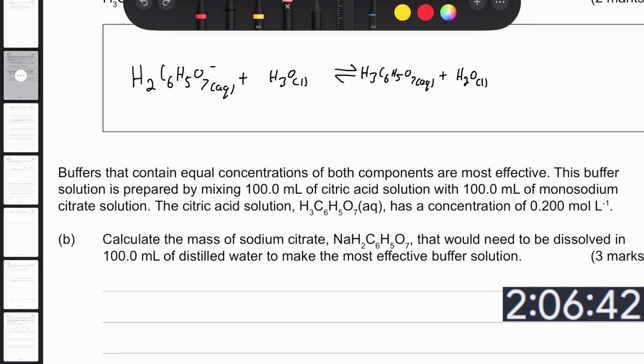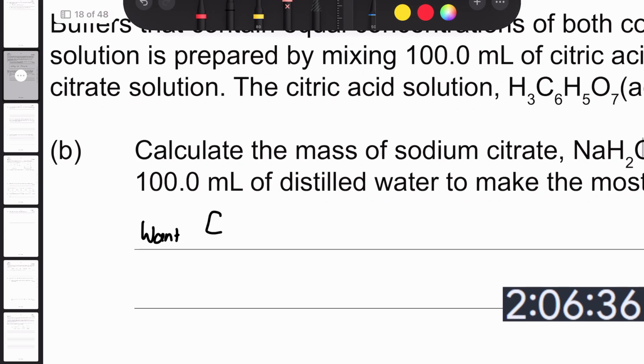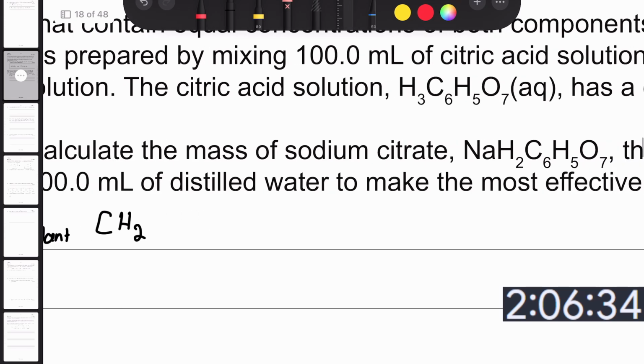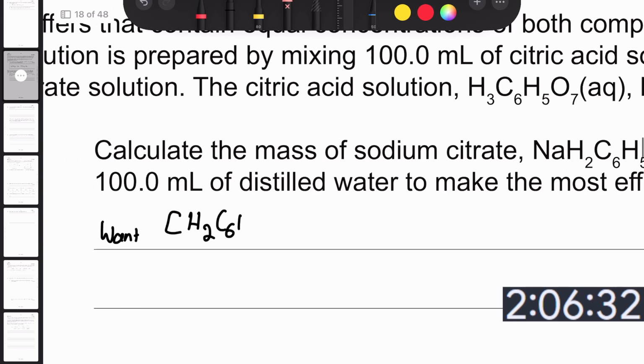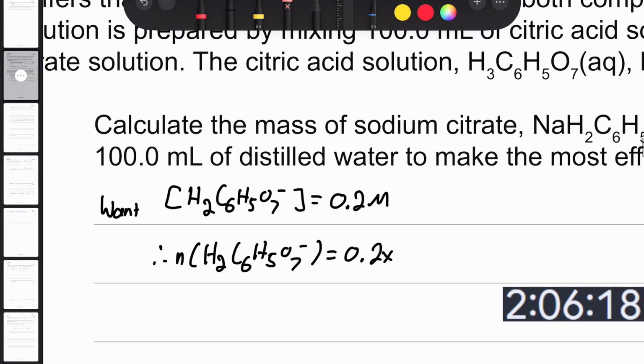So I want the concentration of H2C6H5O7 minus equal to 0.2 moles per liter. Therefore, H2C6H5O7 minus must equal 0.2 times 0.1, because we want it in 100 milliliters of distilled water.